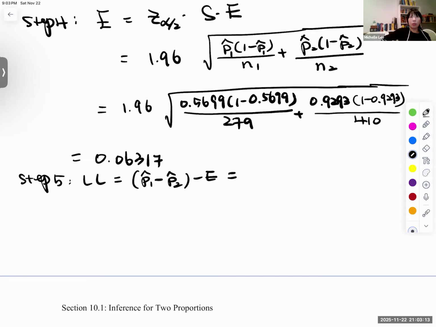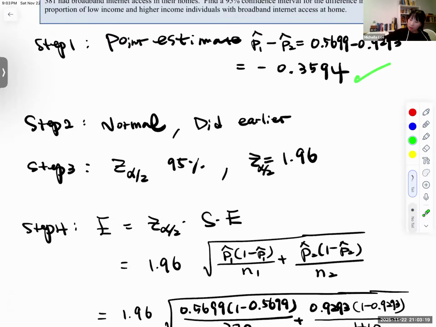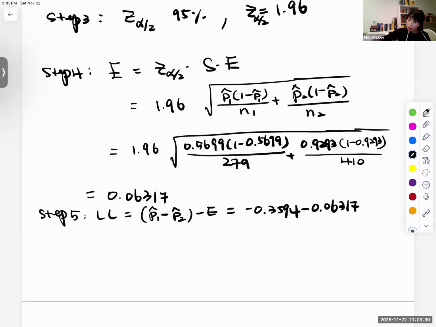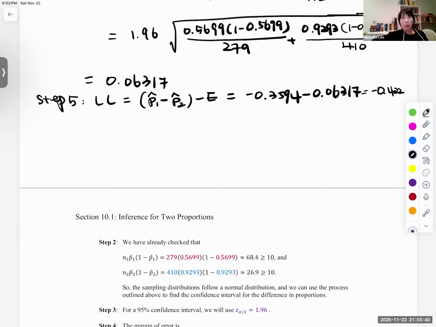So that will be what we had earlier, negative 0.3594 minus 0.06317. What do you get? Negative 0.42257.